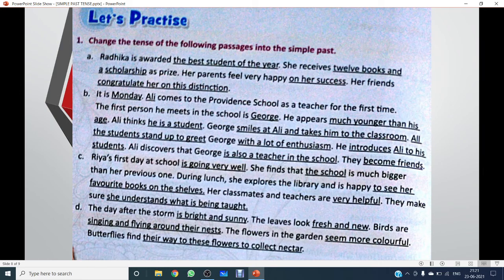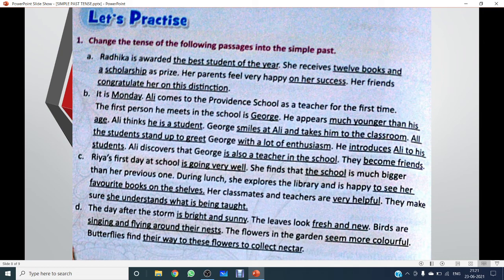So during lunch, she explored the library and was happy to see her favorite books on the shelves. Her classmates and teachers are very helpful.